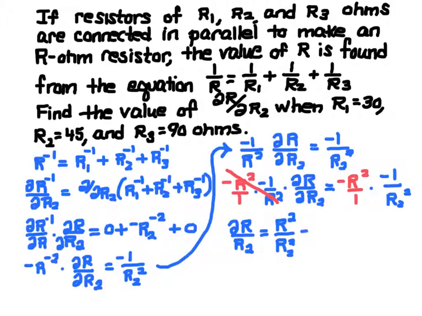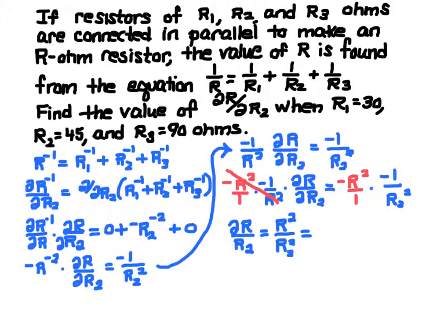Okay, and I'm evaluating that at a point where r sub 1 is 30, r sub 2 is 45. And so what we're going to need to do is we need to find r.